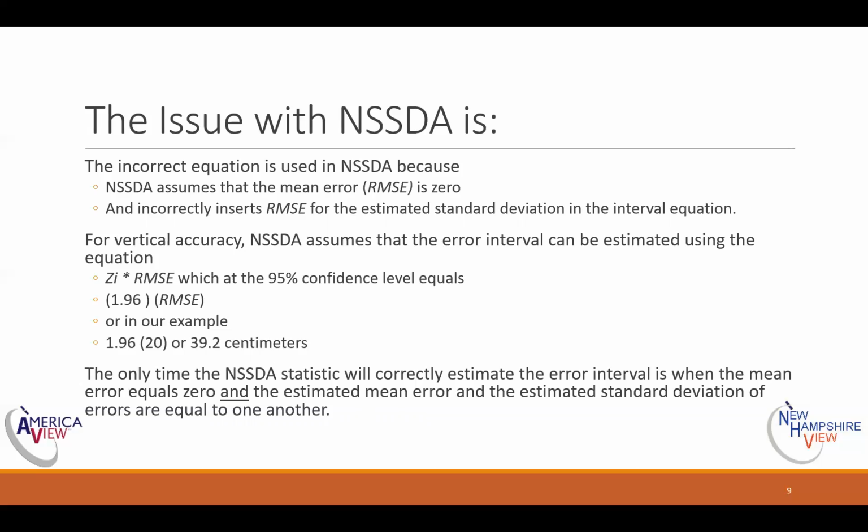The only time that the NSSDA statistic will correctly estimate the error interval is when the mean error equals 0, and then the estimated standard deviation of the errors and the RMSE are equal to one another. And that's not the case in most situations. The good thing is that a lot of contracts say, okay, NSSDA, you've got to meet this standard. They calculate root mean square error, plug in the 1.96 at the 95% confidence interval, give this value of what NSSDA is, and these days we have no problem getting better results than the NSSDA.